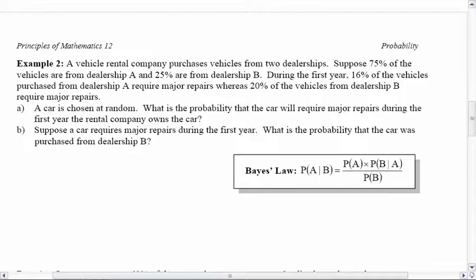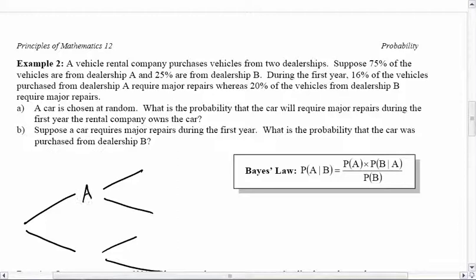So again, we'll model this using a tree, and the first decision is the first branch of the tree, and the second outcome is the second branch of the tree. So the first thing you have to decide is, are you going to go to dealership A or dealership B? And the second thing that you figure out is, does your car need repairs or does it not need repairs?